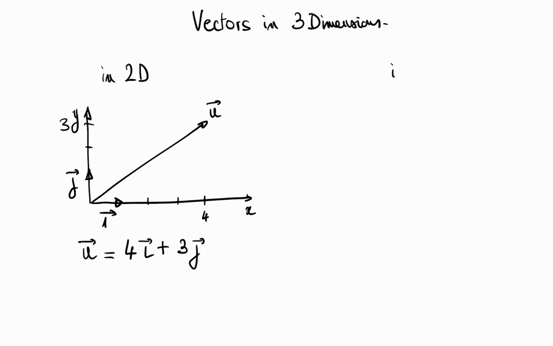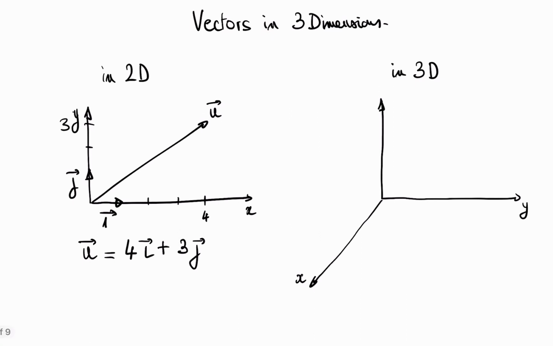Now in 3D, it's pretty much the same, but there is an added level of complexity because we need to represent the 3D space on a 2D plane, which is this screen. So we're going to show the x-axis here, the y-axis here, and the z-axis here.